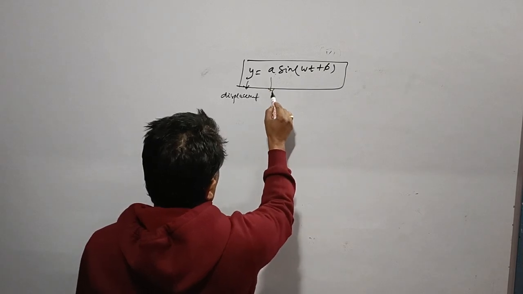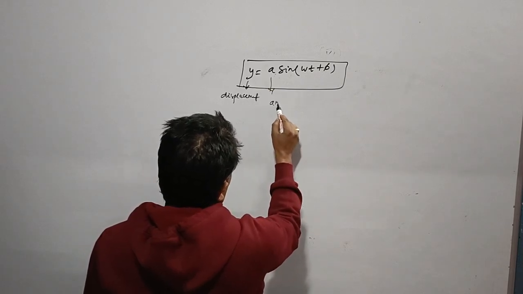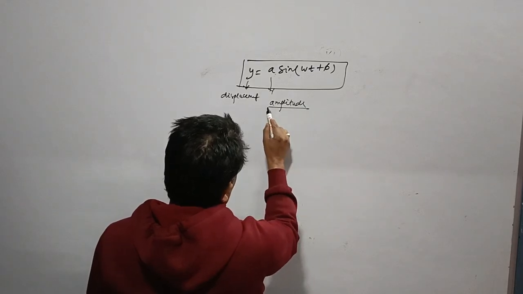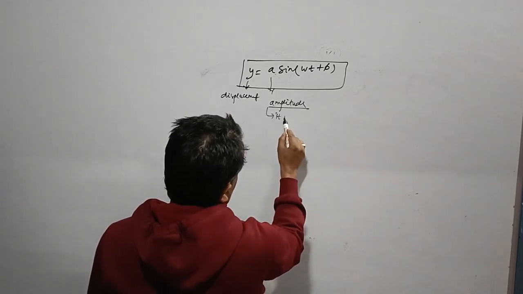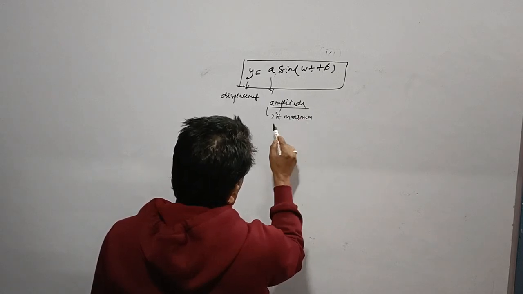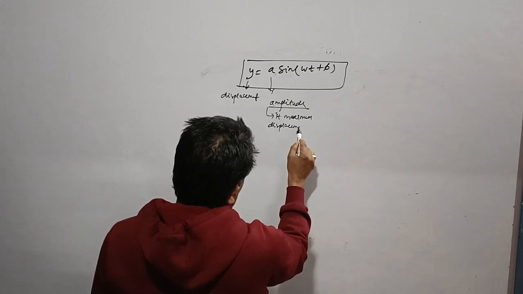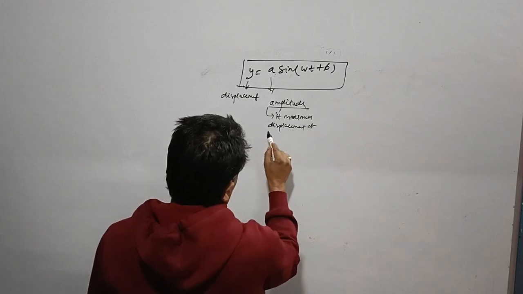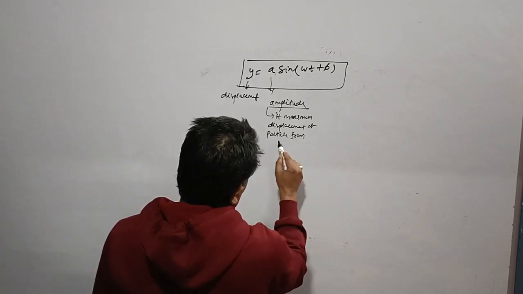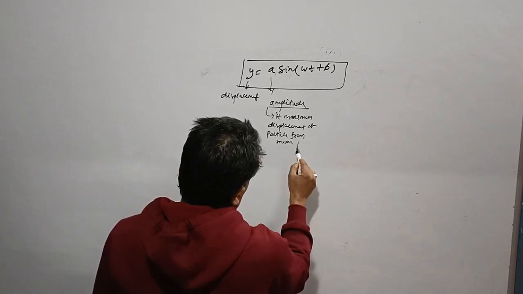A is amplitude. Amplitude is the maximum displacement of particle from the mean position.